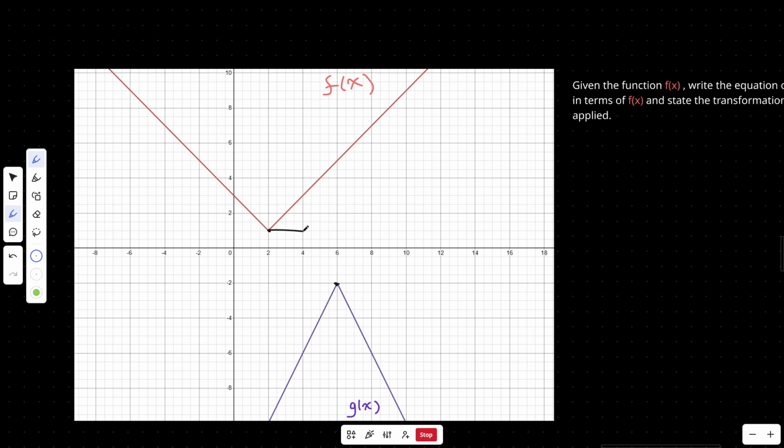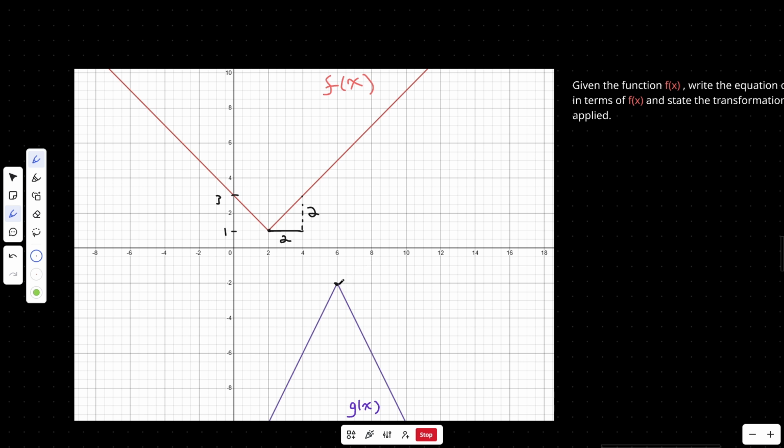I could do 2 to the right, or I could go 4 to the right. It doesn't matter. All you have to do is pick a set number of x to go out. So I'm going to go just 2, just keep it simple. So 2 out. And the next step is you're going to count out how far you went up to the next point. So I'm seeing here this is at 1, this is at 3. So it seems like I went 2 up. Okay, so we got that down.